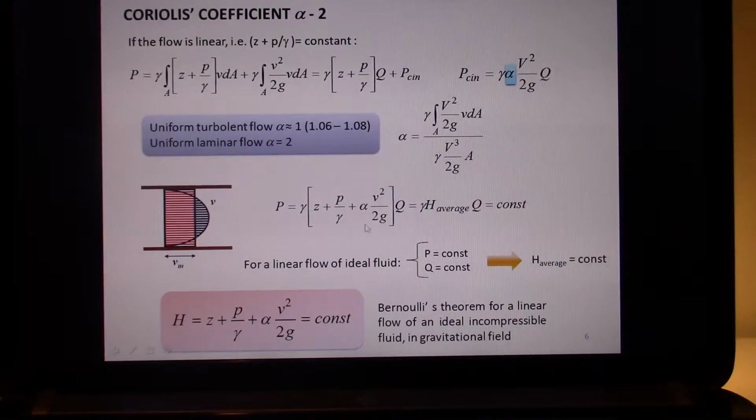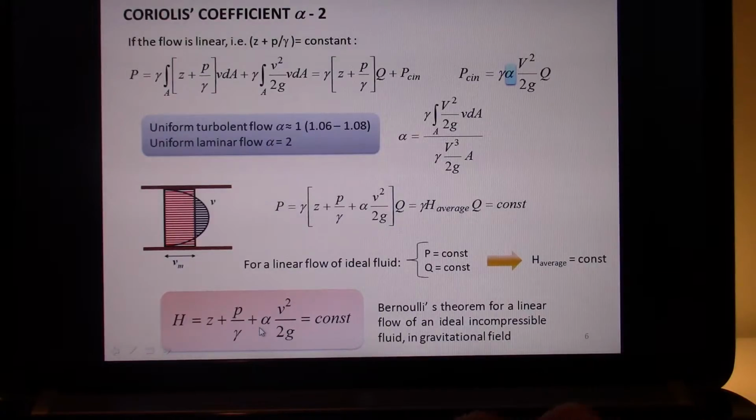So basically, we started from studying Bernoulli's theorem only along each trajectory. Then we extended this discussion to a finite surface, and we can say that it's exactly the same result as for only one trajectory, but it depends on the kind of flow that you are observing.